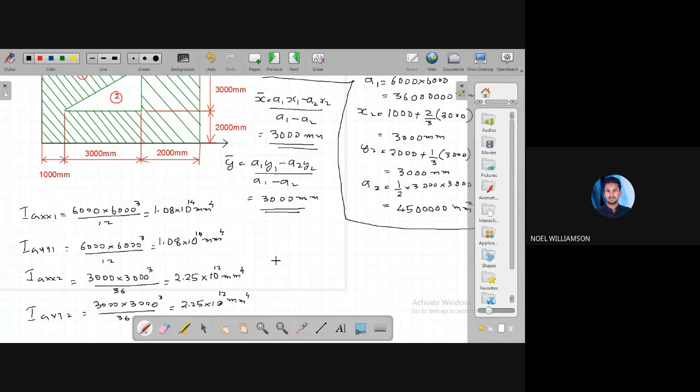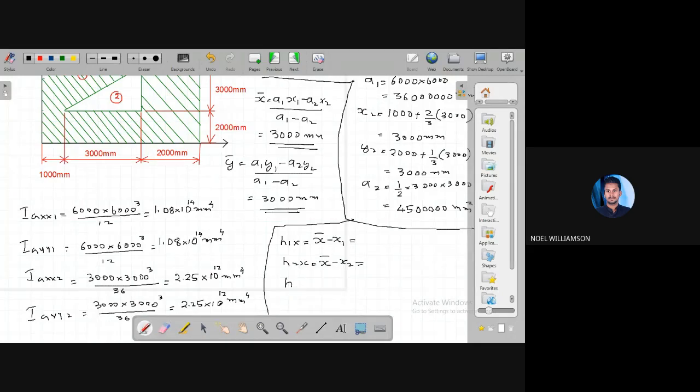Now the next step is you are having two sections, so you have to find the values for h1x, h2x, h1y, h2y. h1x, which is x bar minus x1, h2x is x bar minus x2, there is only two sections.